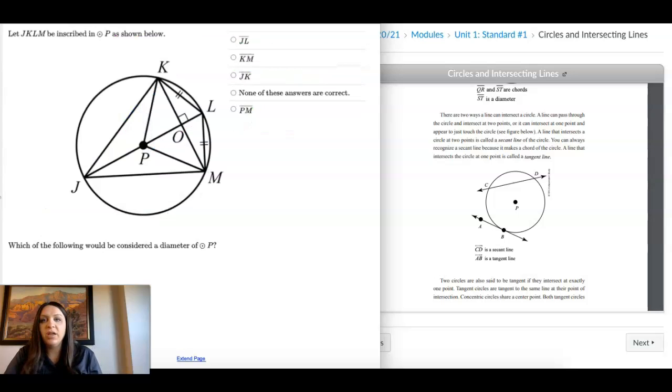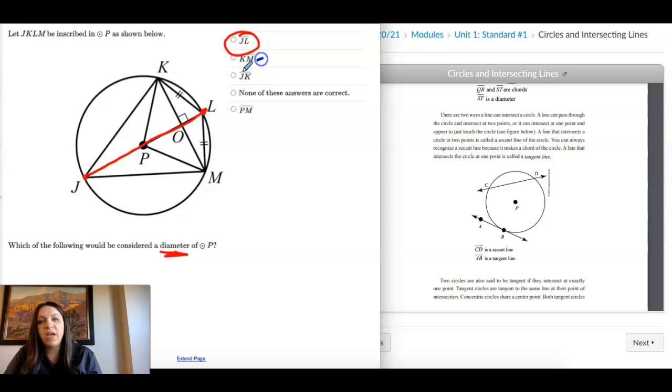So JKLM inscribed in circle P, we want to figure out which of the following would be considered a diameter. So remember, we're back to diameter. That's the line that goes all the way through from one end to the other, but it must go through the center point. So it's JL.